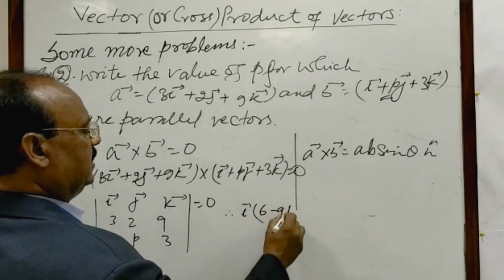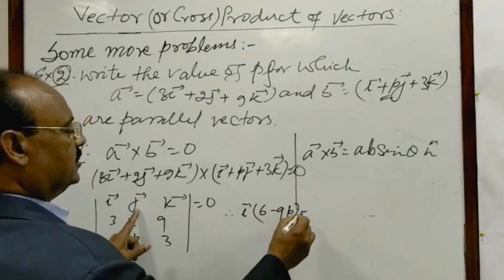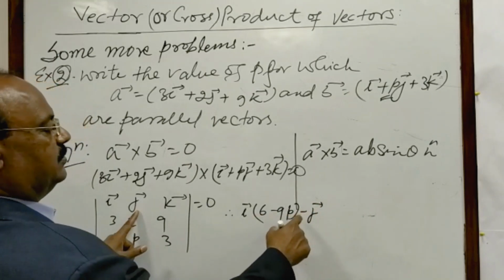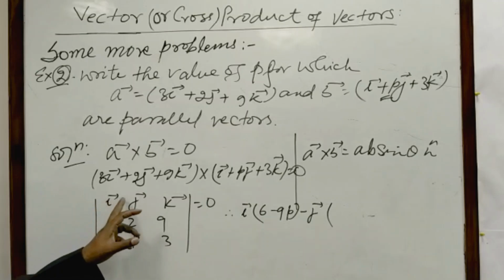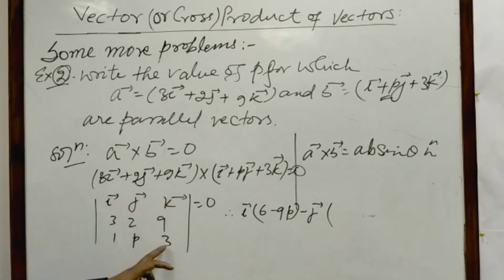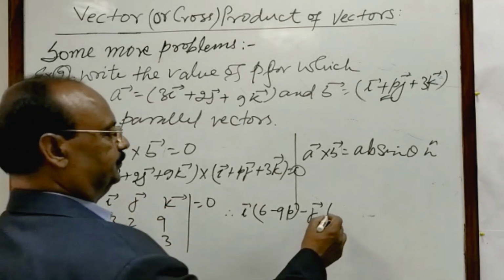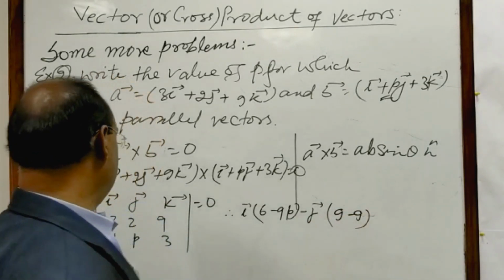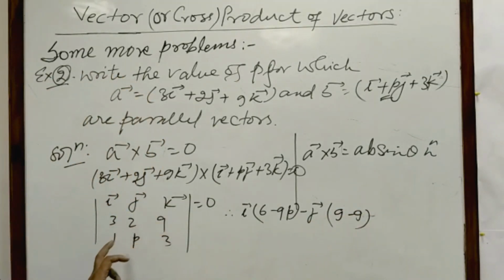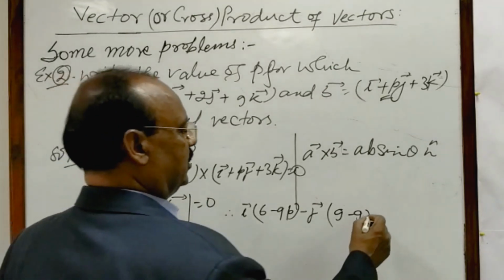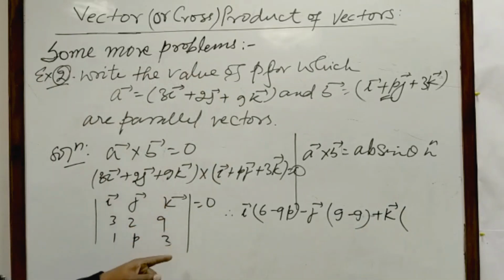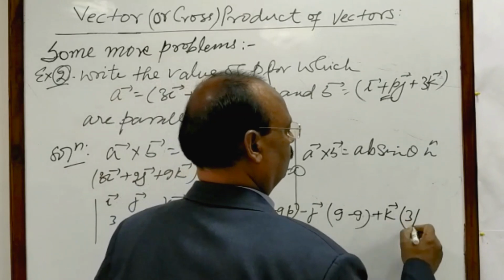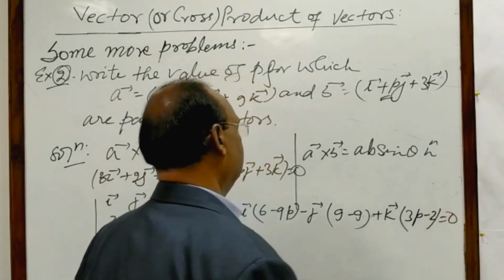Minus the next term j, you put a negative sign for the second term, then in the bracket omit the first row and second column: 9 minus 9, that is 3 into 3 is 9 minus 9 into 1, 9. And the next term, that is vector k, omit the first row and third column, so 3p minus 2. This is equal to 0.